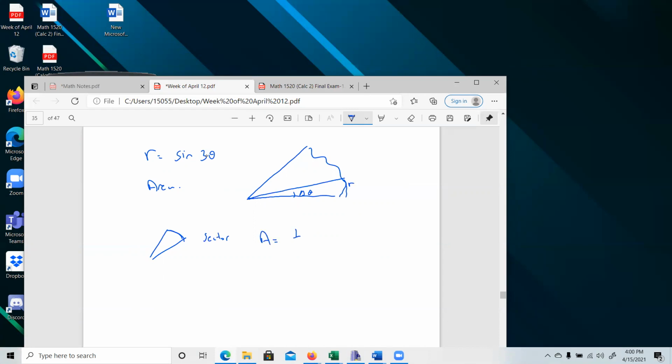A is equal to 1/2 r squared theta. If you expand this to a whole circle, we get area equals 1/2 r squared, and the angle is all the way around the circle. That cancels, and we end up with A equals pi, the 2's canceled, r squared.